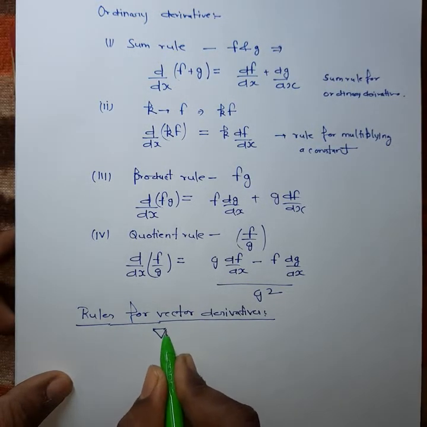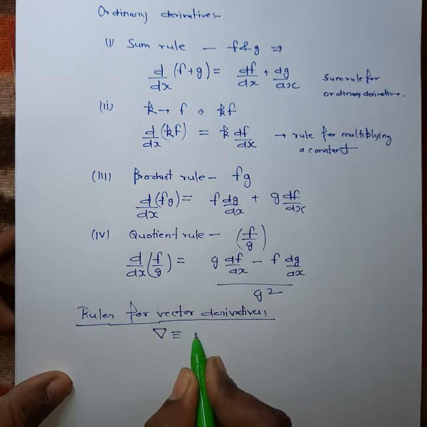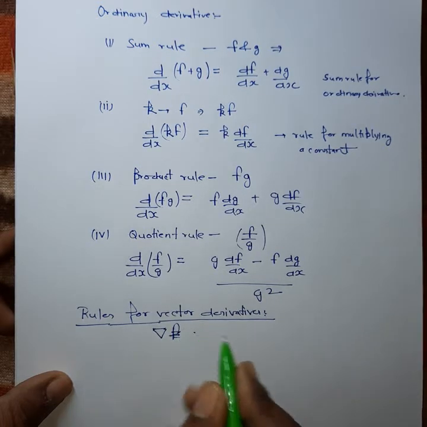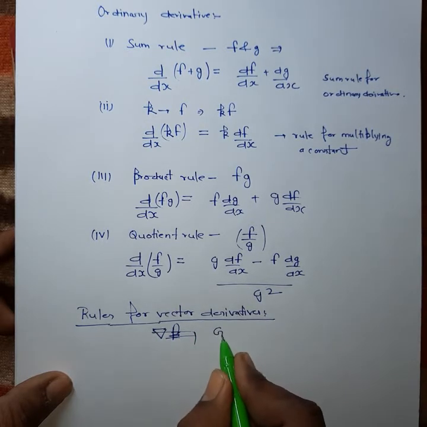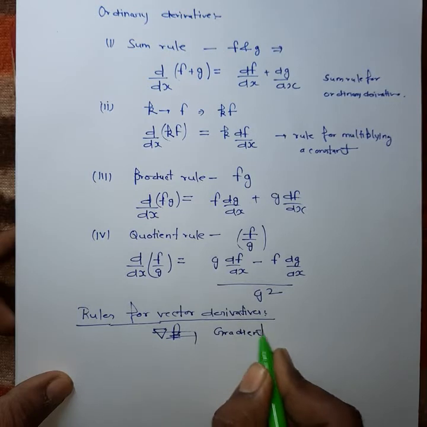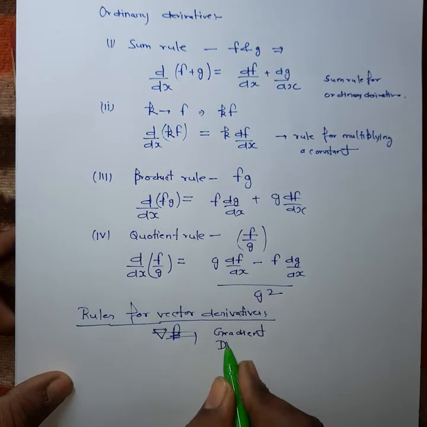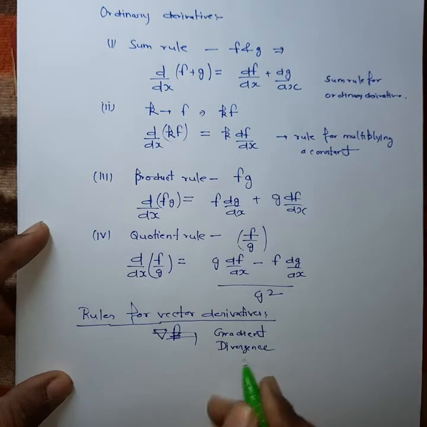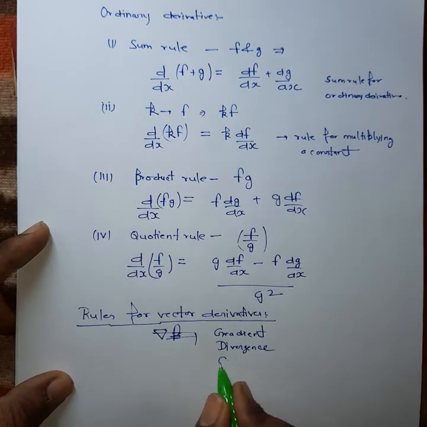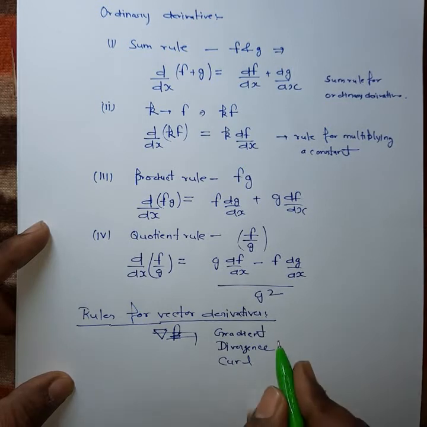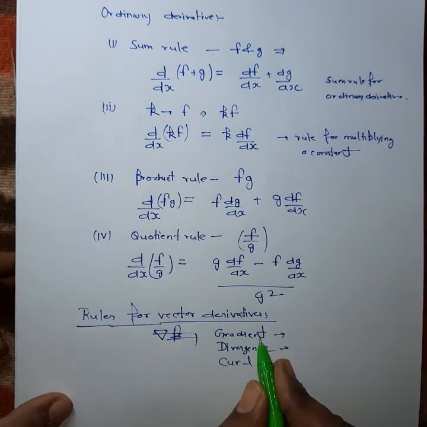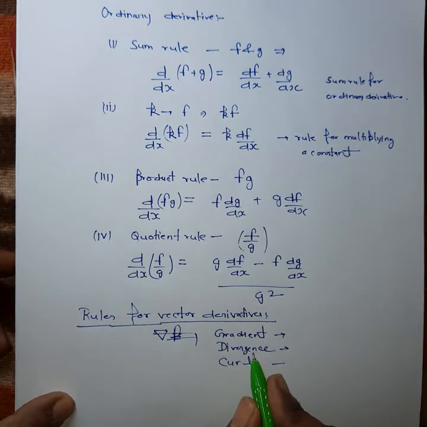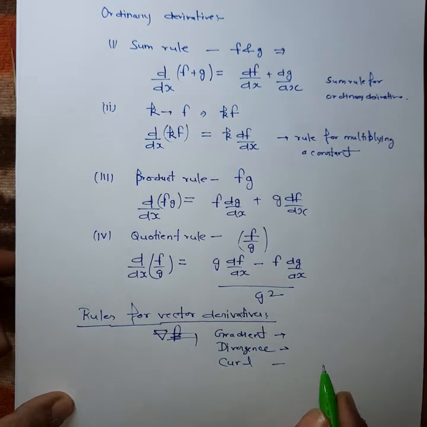One is the gradient of scalars, that is gradient of f, another is divergence, and another is curl. So in vector calculus, the three types of derivatives are gradient, divergence, and curl, and you know that gradient is for scalar functions, and divergence and curl are for vector functions.